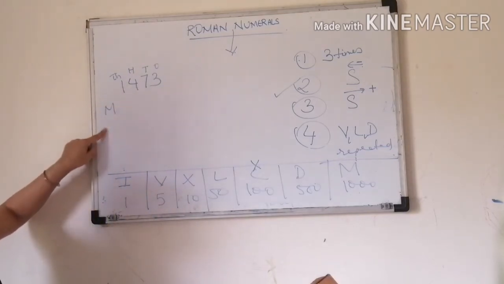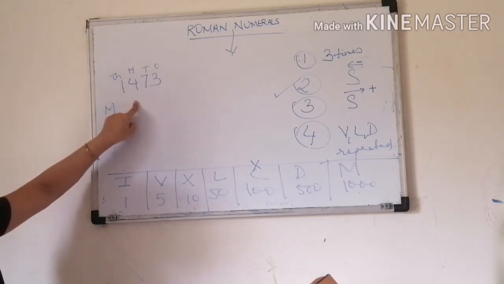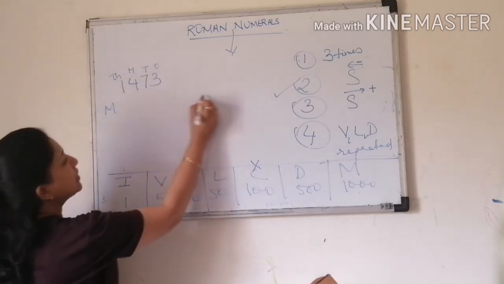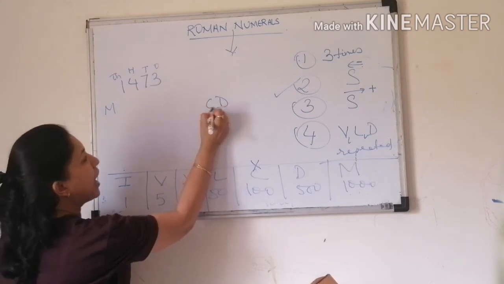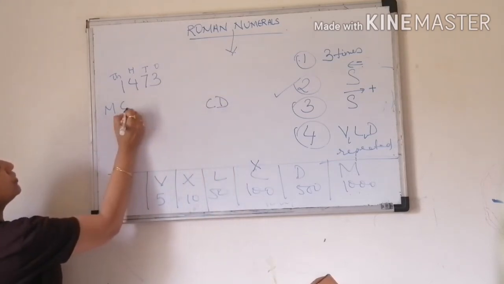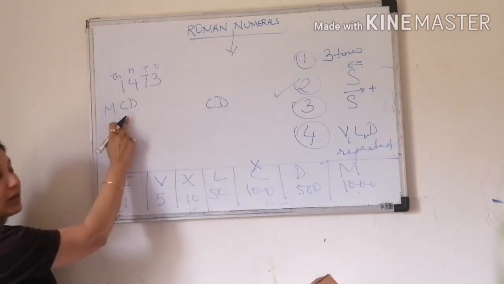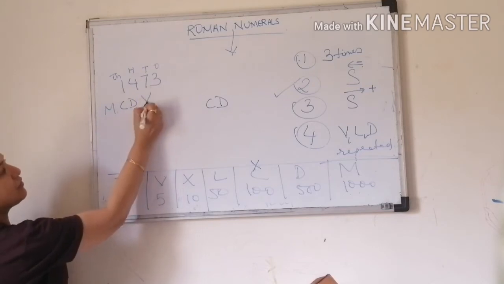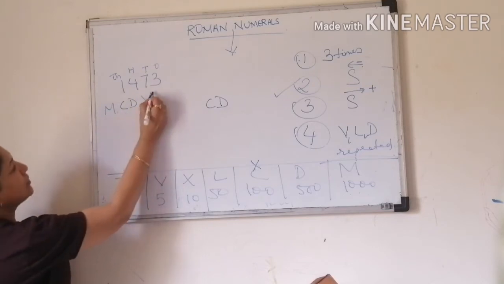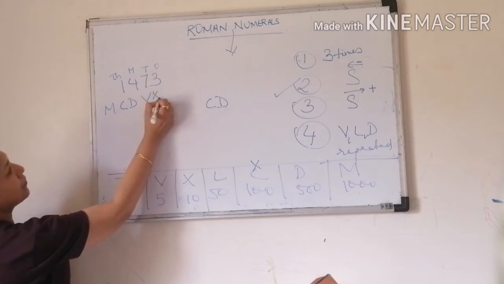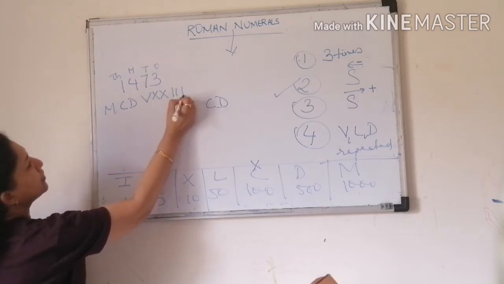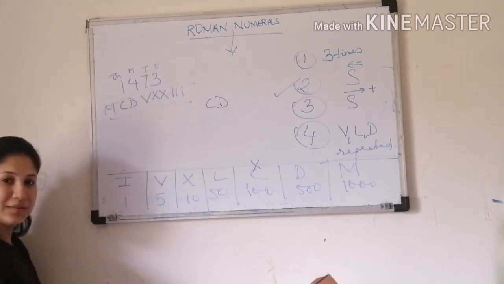I got 1000. Now 400. I want 400, just now we have discussed. Let us take 500 and minus 100. So this will become my 400. Then 73. This is 50, 60, 70 and 3. Got it?